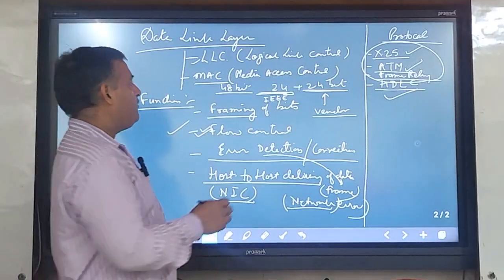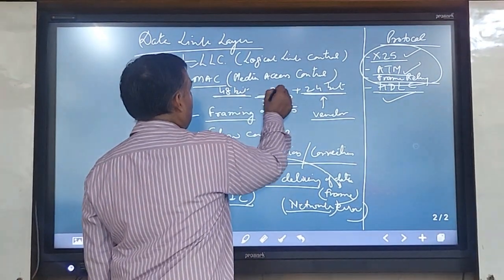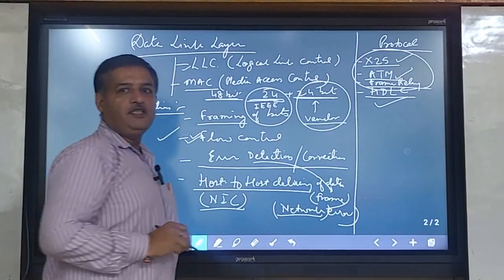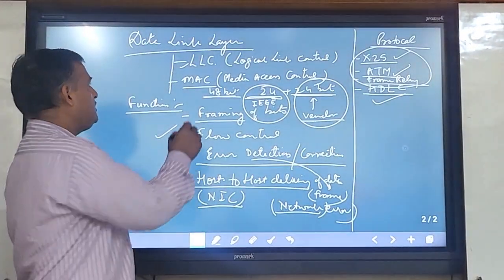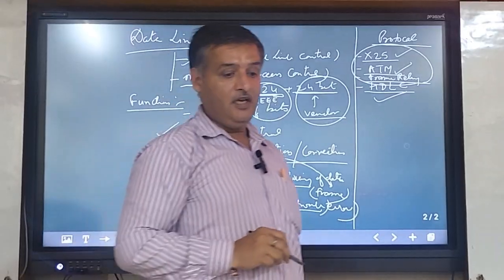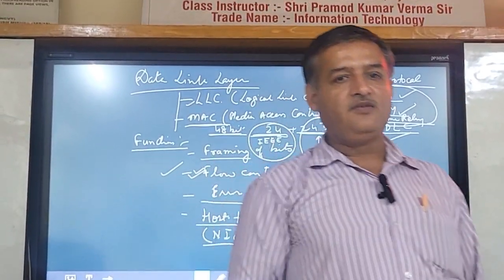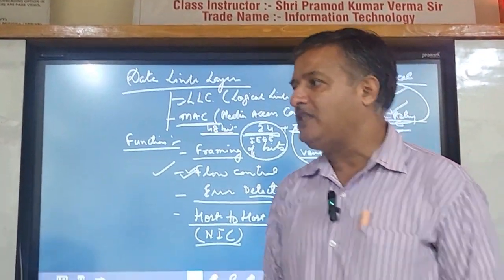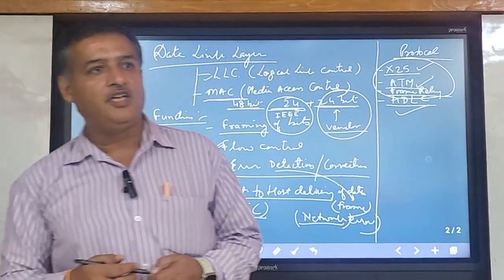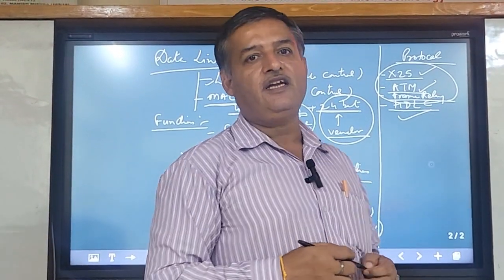So in this way, the 48 bits get two combinations. This is the MAC address, and it is also called the physical and permanent address. Once this address is embossed in the device, no one can make any alteration or modification in its addressing.